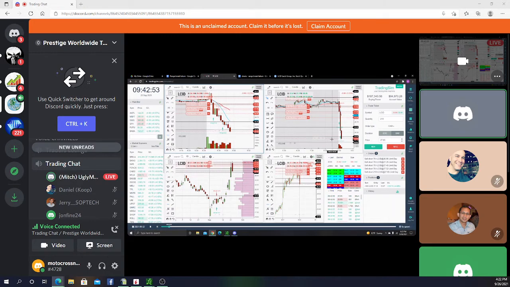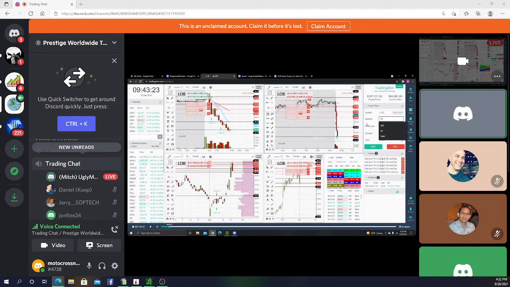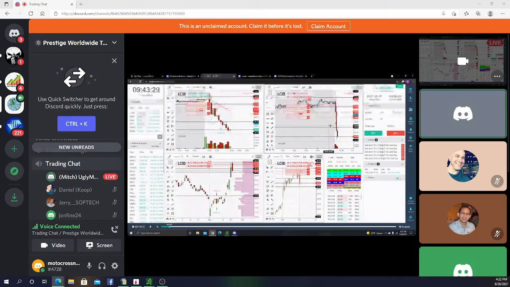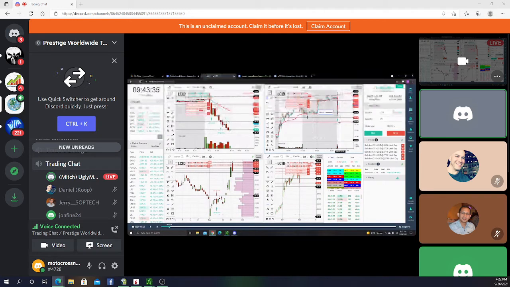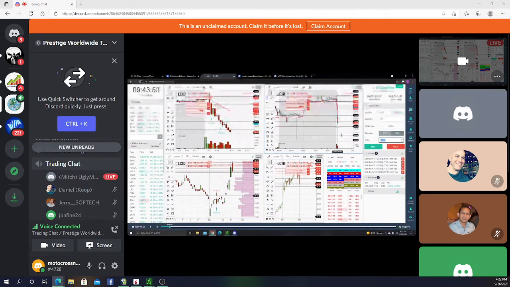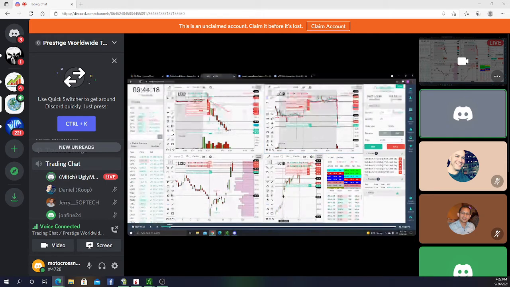So yeah, and this is just going to keep going. At this point, I remember my thesis was it's going to fade all day, or I thought it might fade all day. But if it really wants to give this dramatic of a move all the way down to this resistance point at 25.75, I would probably pay myself a little bit more.